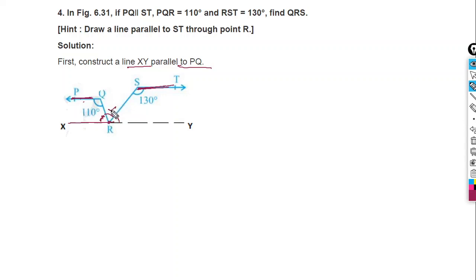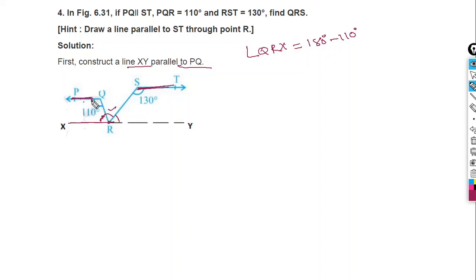So let's start. First we will find angle XRQ, or QRX. Angle QRX equals 180 degrees minus 110 degrees. Why?